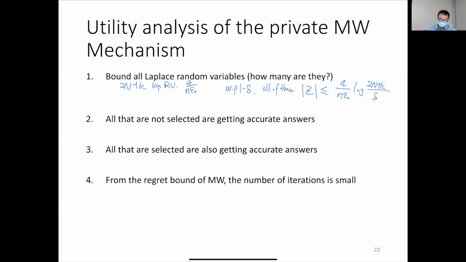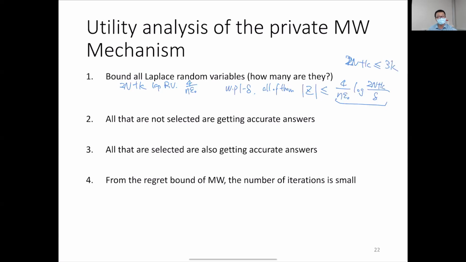So for all of them at the same time, we can a priori provide a high probability bound to say that all these random variables are smaller than this quantity. And for a simplifying assumption, since n is obviously smaller than k, I can bound this 2n plus k by 3k.